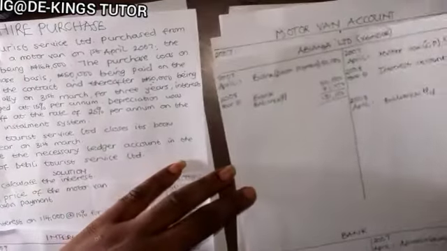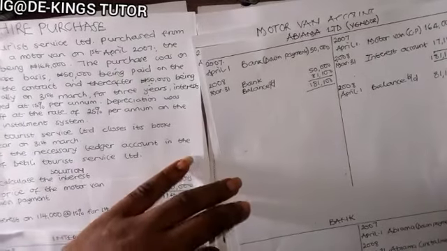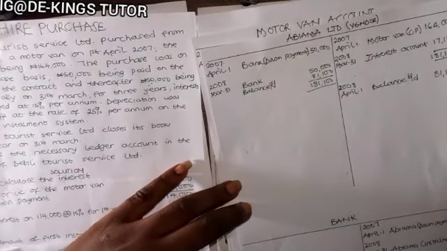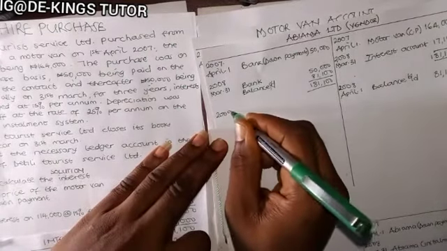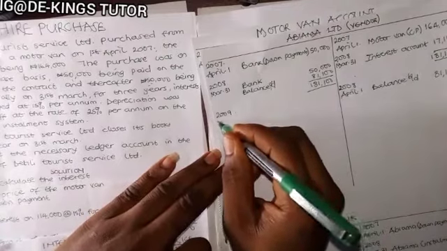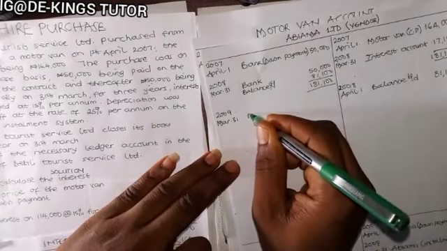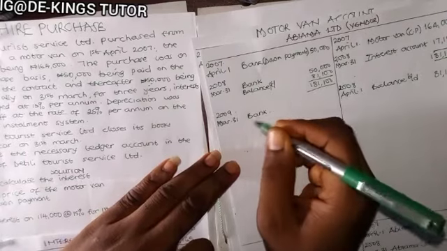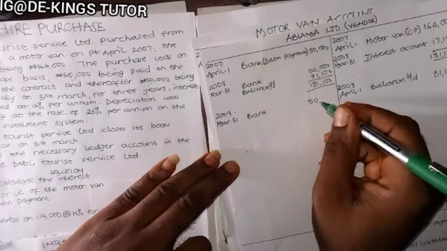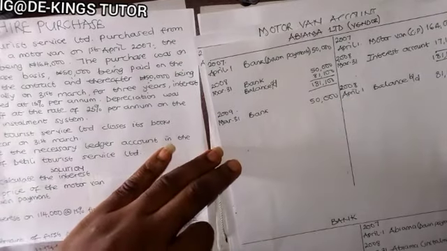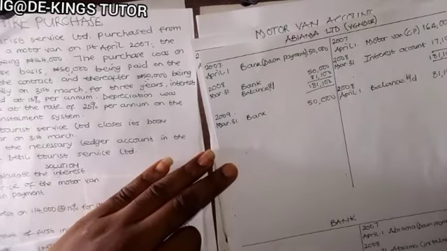So the corresponding entry comes here, 2009, March 31st, bank as 50,000.